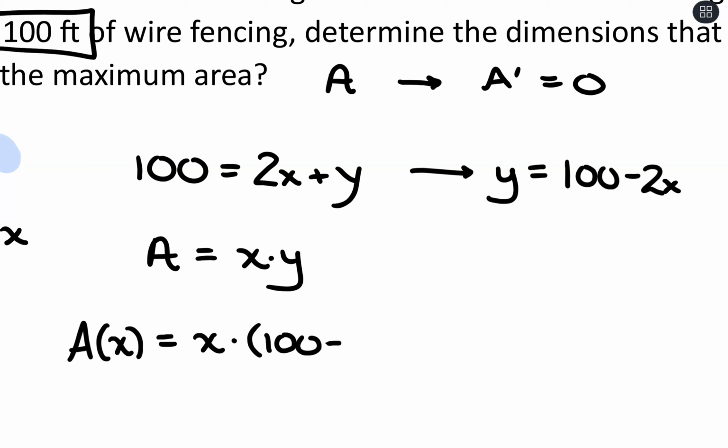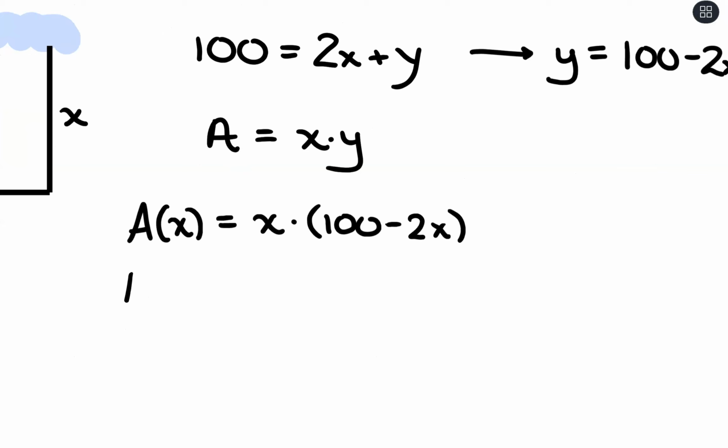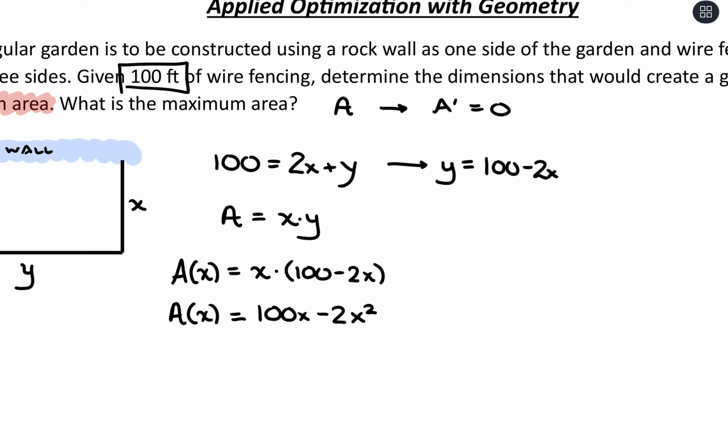So we'll have 100 minus 2x, and we could go ahead and simplify that out. So we have an area function that comes from 100x minus 2x squared. So that is the area of this 3-sided wall that has a length of walling that is 100 feet.